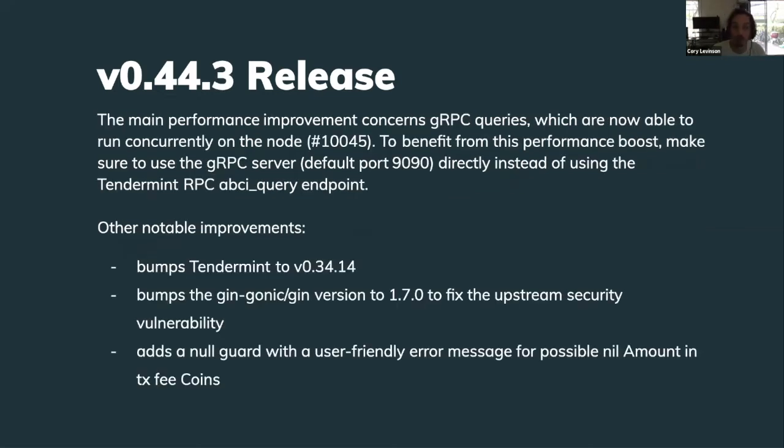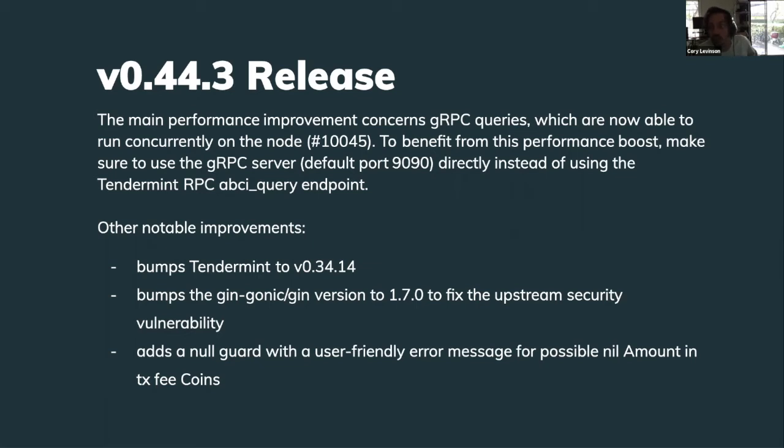And 0.44.3 is actually one that just came out, I think maybe 5 days ago or so. As I had mentioned from one of the previous releases, there was an improved concurrency handling that was live in one of the more recent Tendermint upgrades. And with that, we've actually upgraded the way that gRPC queries work, which are now able to run concurrently when querying them directly through the gRPC server on the SDK.